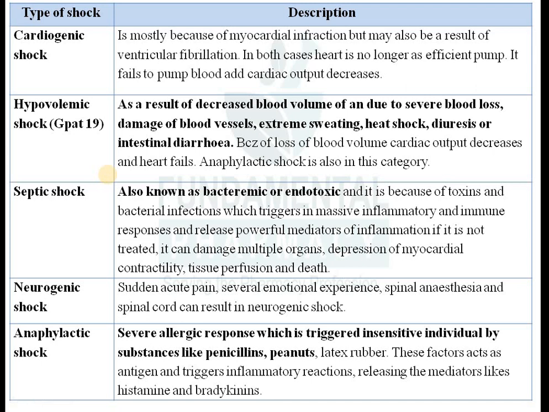There may be blood loss, extreme sweating, extreme dehydration, or extreme diuresis that will result in extreme loss of volume. It is due to severe blood loss, for example, suppose your artery is cut by mistake and there is a lot of blood loss, then the volume of blood in your body decreases.